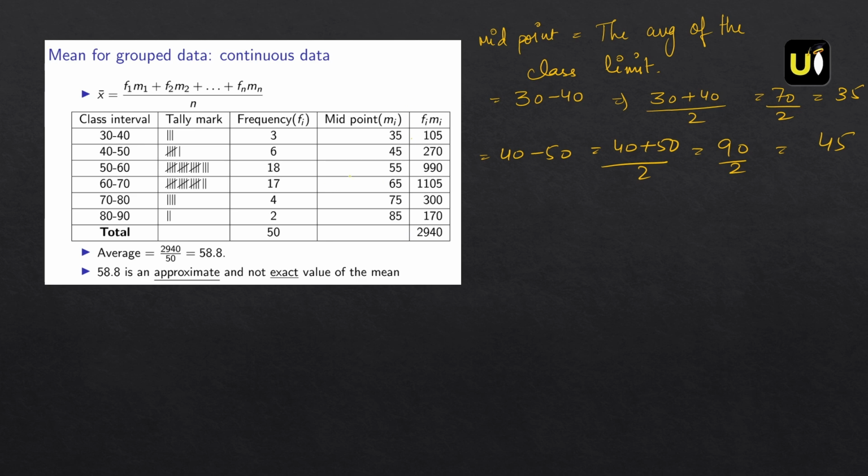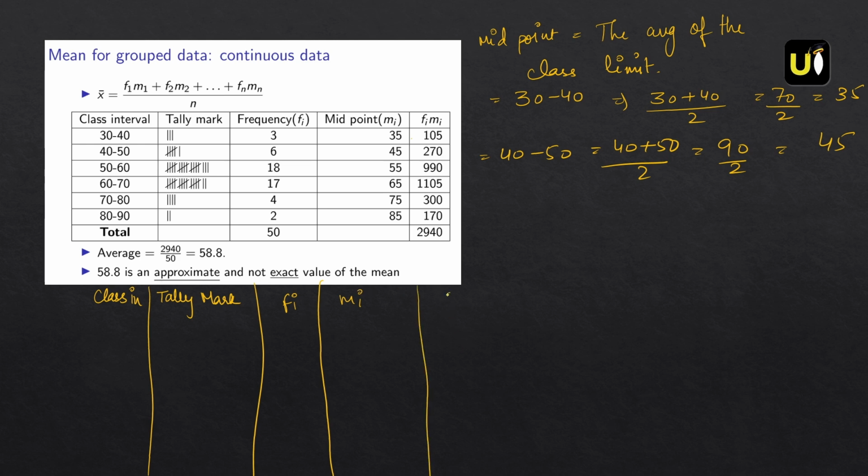Similarly, alright. So here we take class interval, we have the tally mark, and we have frequency. I am simply denoting it with fi, and here that is mi, and here is fi mi.